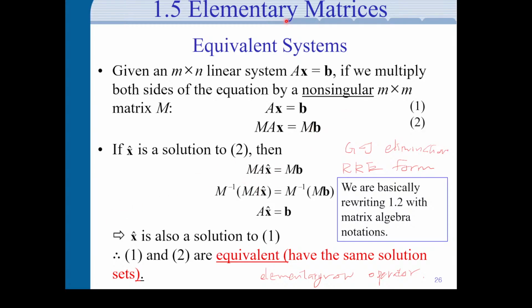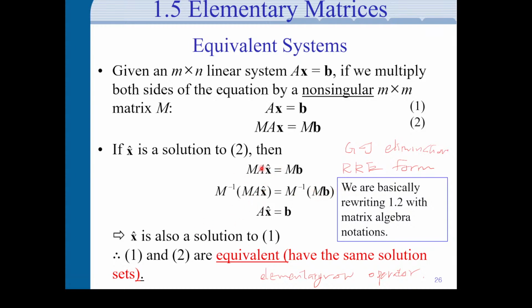Here we use the fact that M is non-singular, so we multiply M inverse on both sides of the solution equation. So something that is a solution to this is also a solution to this equation, because we are just multiplying a matrix on both sides. And then we use that M inverse is the inverse of M, so M inverse will cancel M here.